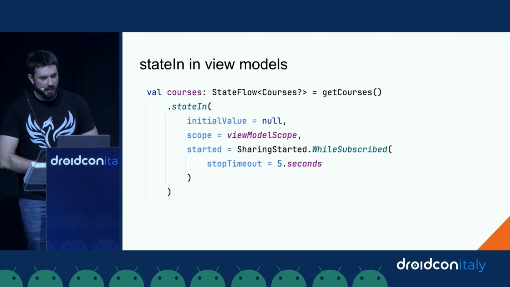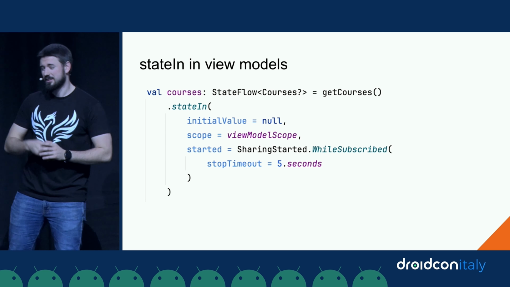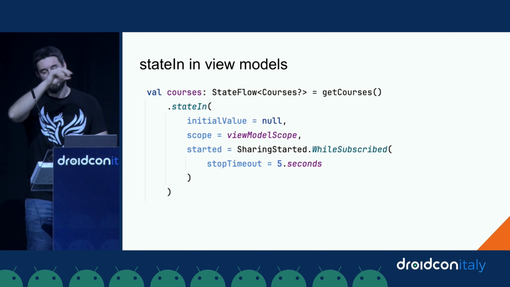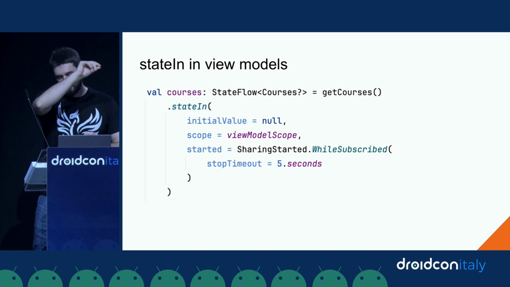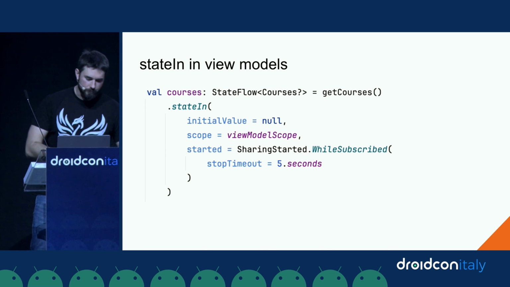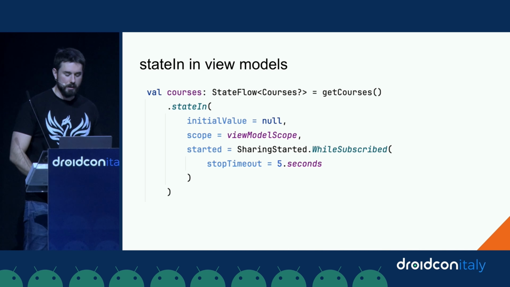And a flow can also be turned into a StateFlow with stateIn. That's also a common pattern. This pattern is a simplification of an init block that starts a coroutine and starts observing. Instead of all that, you can just use the flow, stateIn, scope, started, and initial value. That's a bit of a magic value, but it's quite commonly used.